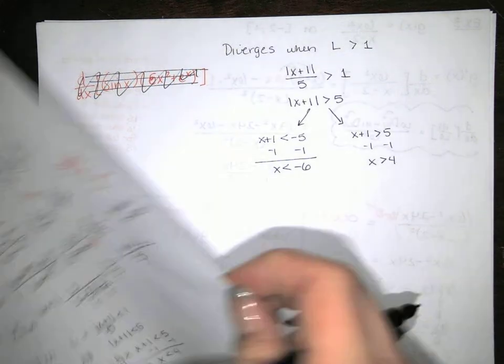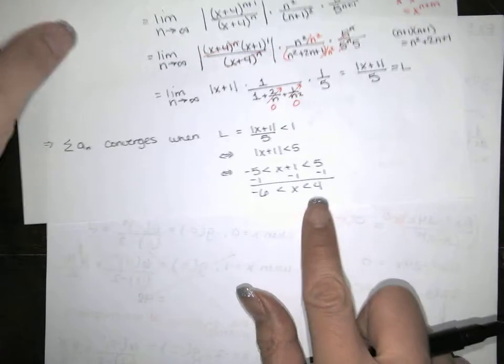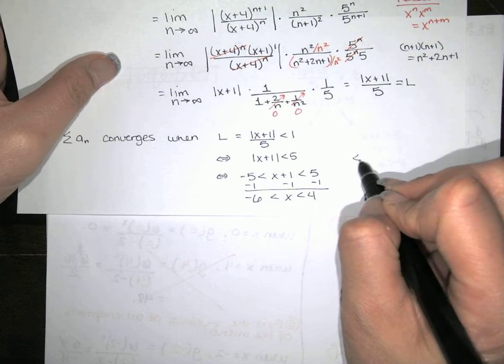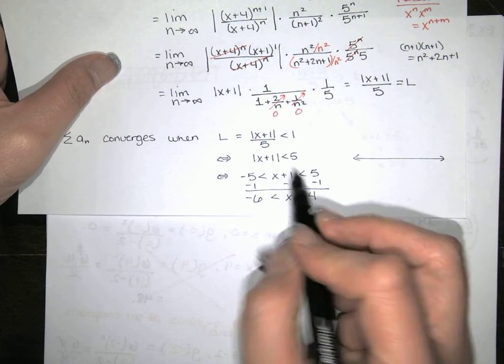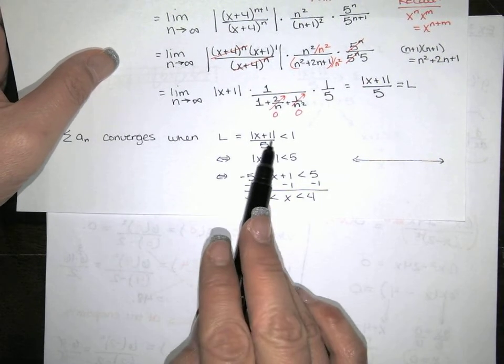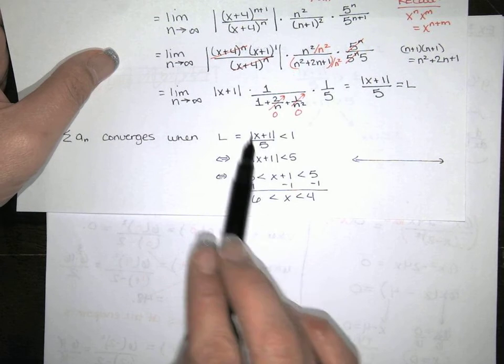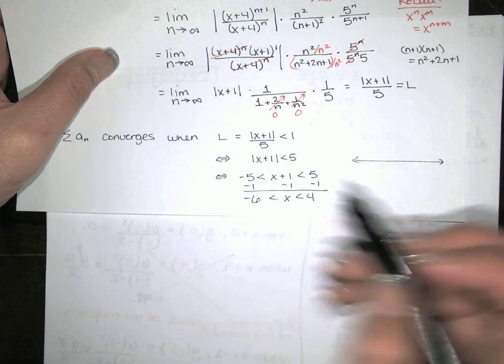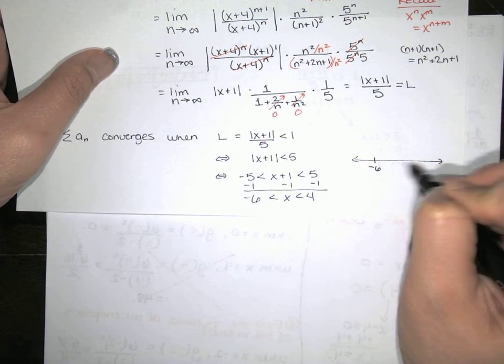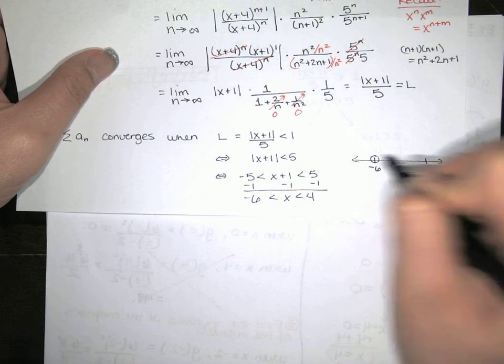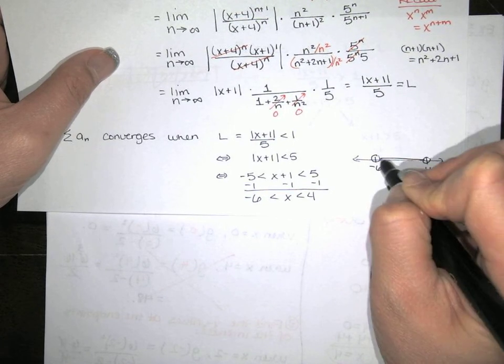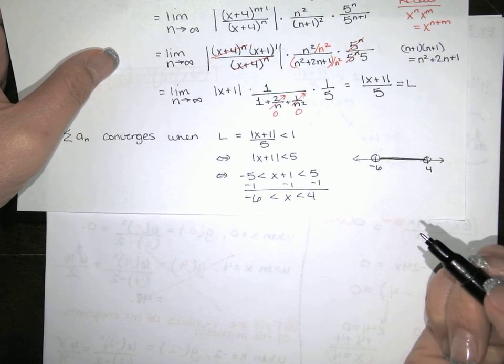Now, that is no coincidence. So over here we said this converges when this is less than 1. So that meant x was between -6 and 4. So it converges in there.